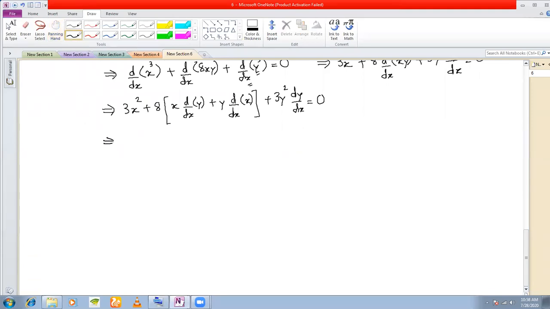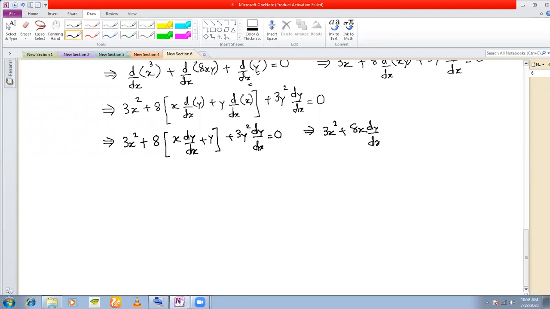That means this will be 3x square plus 8 x dy dx plus y, plus 3y square dy dx equal to 0. That means we have 3x square plus 8x dy dx plus 8y plus 3y square dy dx is equal to 0.